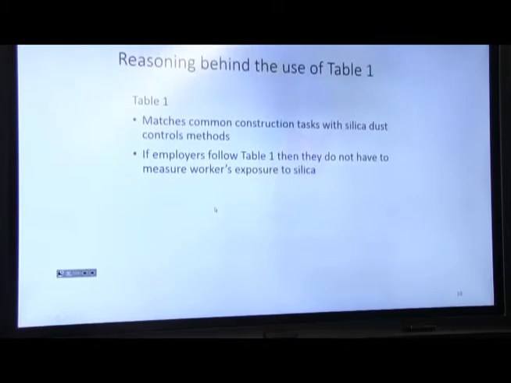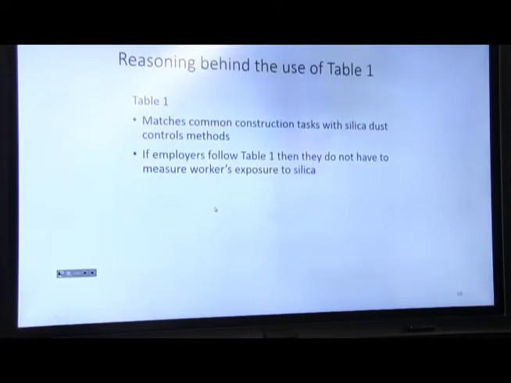Table 1 is the first attachment to the new silica standard, and it basically matches control measures, be it engineering or PPE, along with the common activity or common trade tasks that are happening, i.e. using a hammer drill or jackhammering or concrete cutting, so on and so forth.